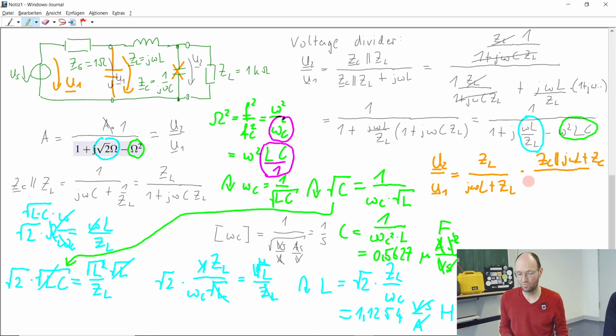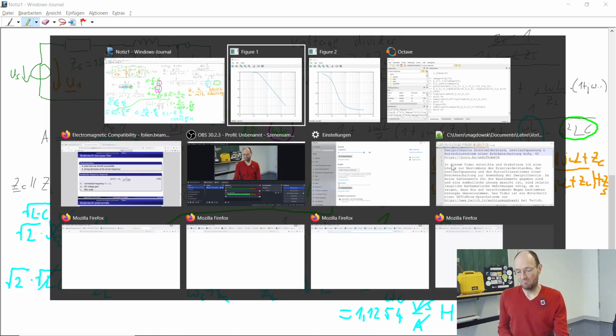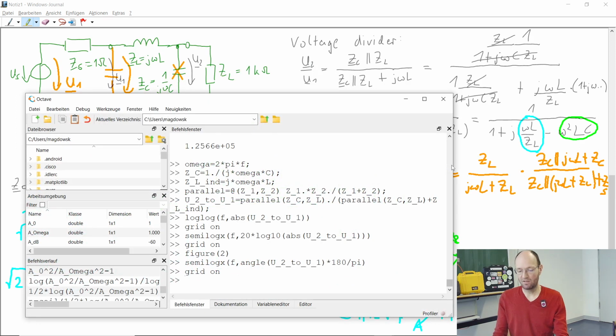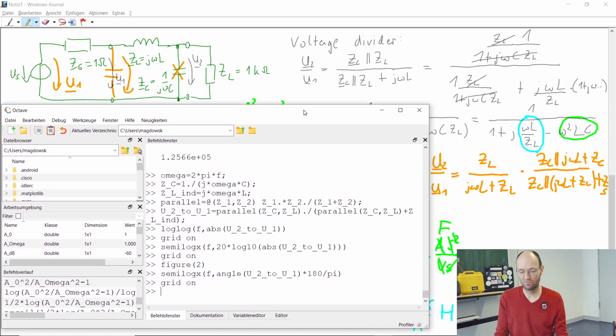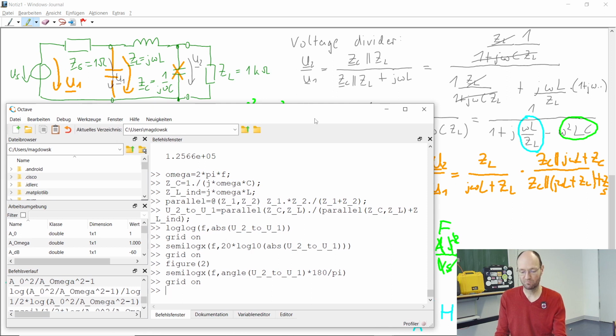And then we have the same term, ZC parallel to j omega L plus ZL, plus our source impedance. And I think it's a little bit like comparing apples with oranges, because it's not the same reference, it's not the same input voltage, but let's see what we get in this case.